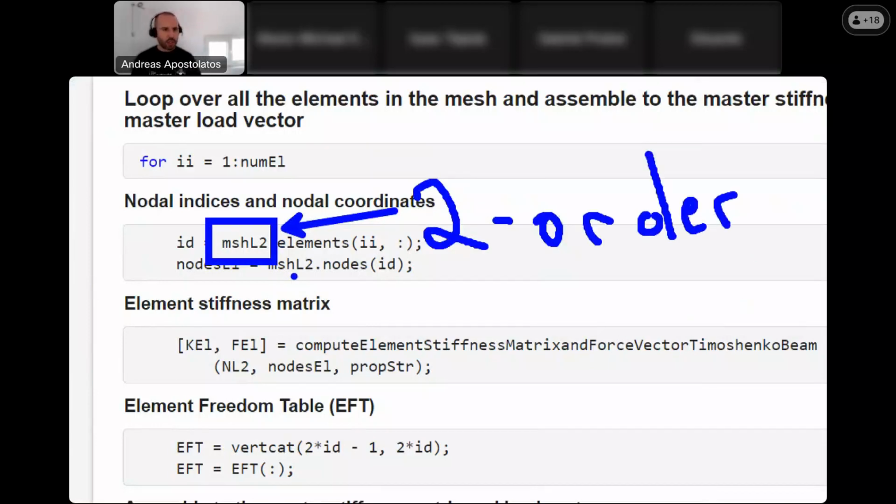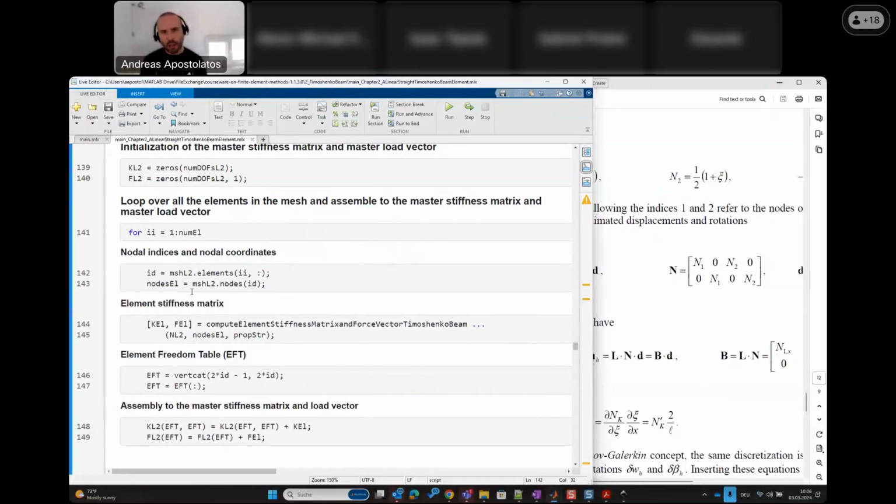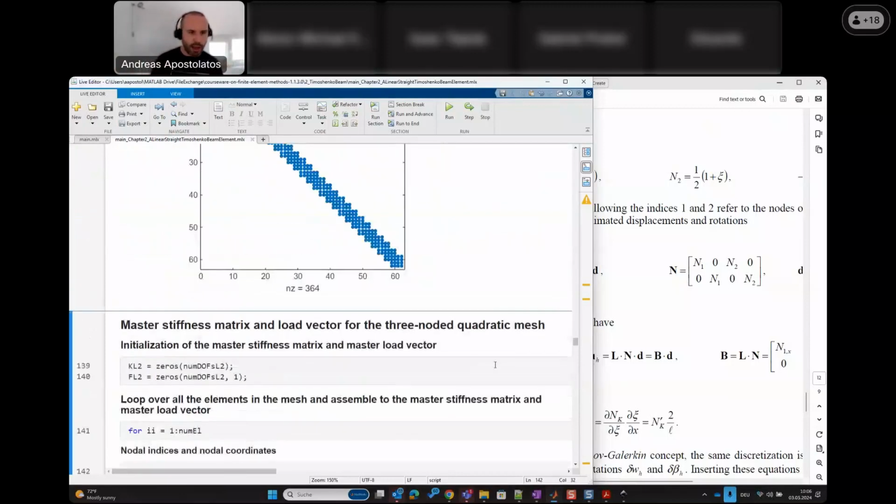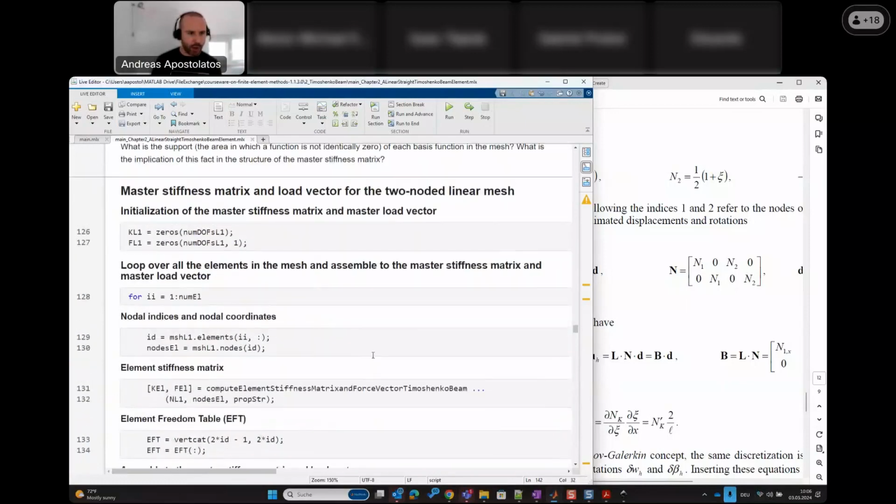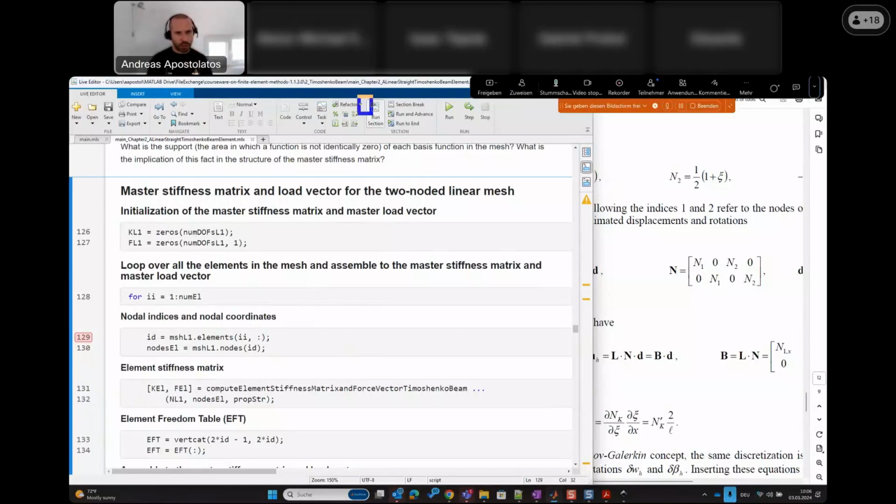I'm sorry for this. So I was looking at the quadratic ones and I saw the IDs and I have 3 IDs per element. How is it possible for a 2-noded linear element to have 3 IDs? I was confused. So I have to scroll up and go to my linear ones and put the breakpoint here. I'm going to run the loop again. You can go to the run section up here in MATLAB and just press the run section button.